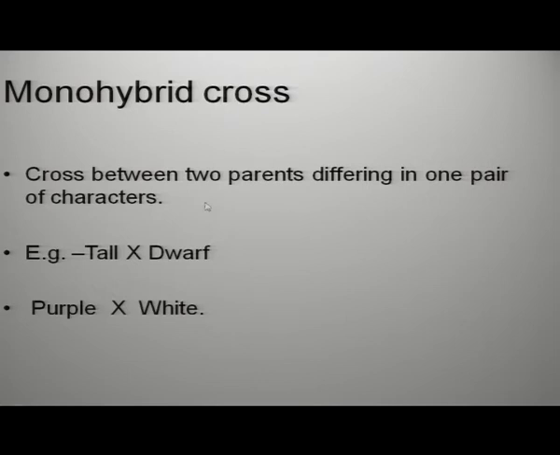For example, if we are using the character length of the stem or height of the plant, the contrasting characters are tall and dwarf. If we are using the character color of the flower, then the contrasting characters are purple and white. We can make so many examples out of these 7 pairs of contrasting characters. In this example we are using only 1 pair of contrasting characters, 2 parents are involved and they are differing in only 1 pair of contrasting characters. So, it is an example of a monohybrid cross.